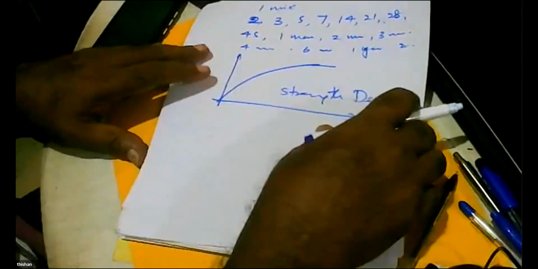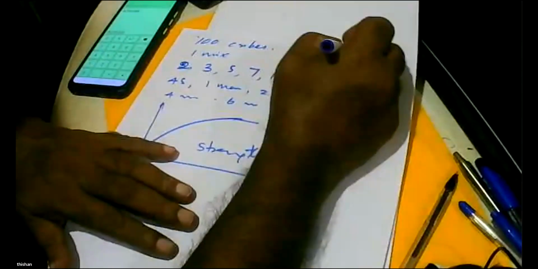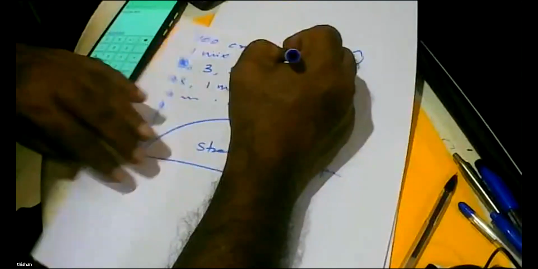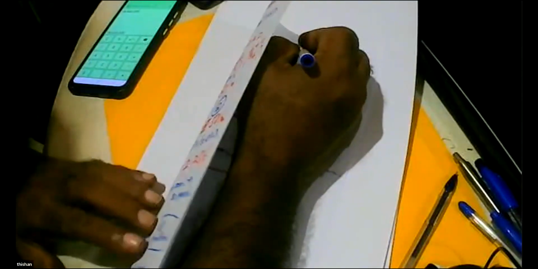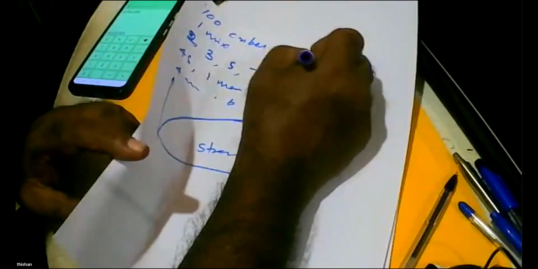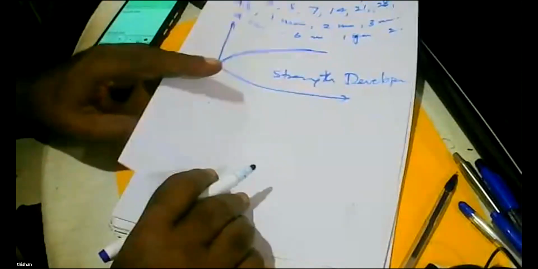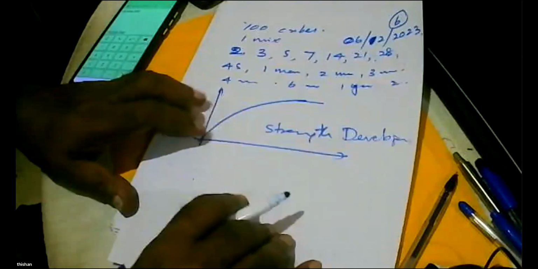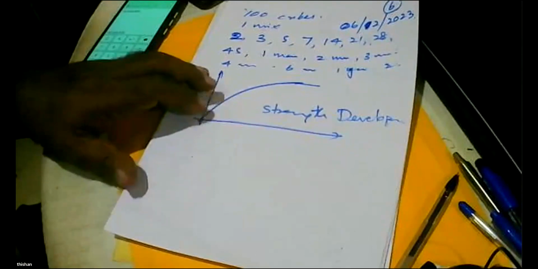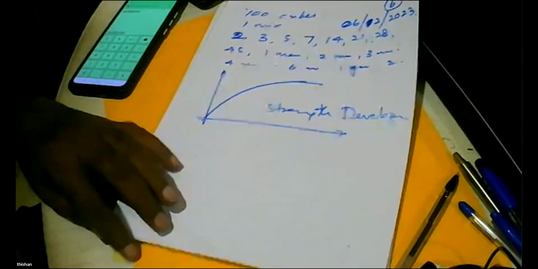The moment you generate a few strength development curves, you will get huge confidence and you will be able to start doing adventurous things with concrete. As I do often. I do these calculations and I do risky things, knowing very well there's no risk. Why? I have understood the fundamental way how concrete works. So you create a strength development curve like this, test them, and generate the curves.